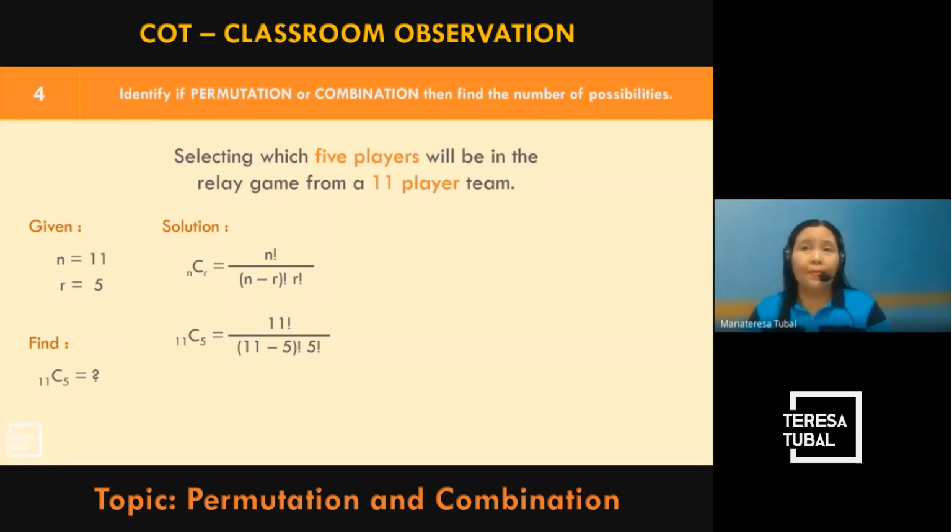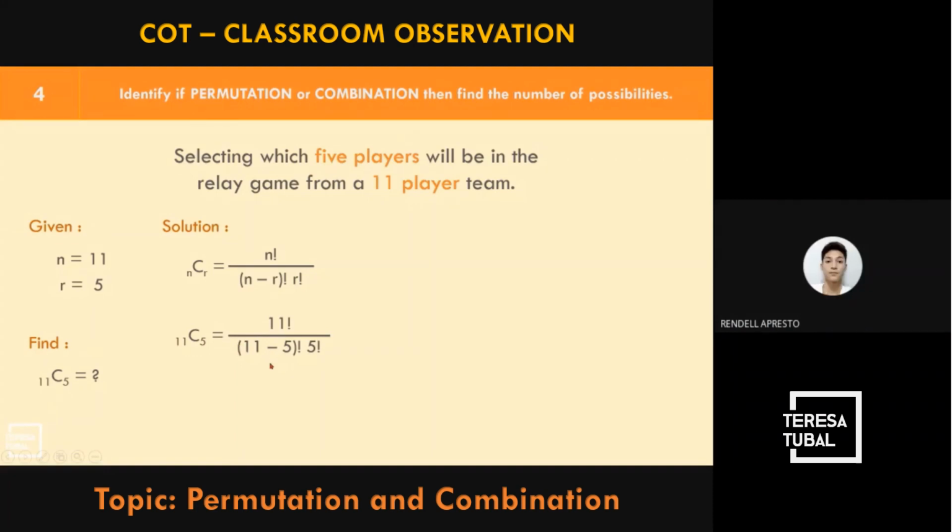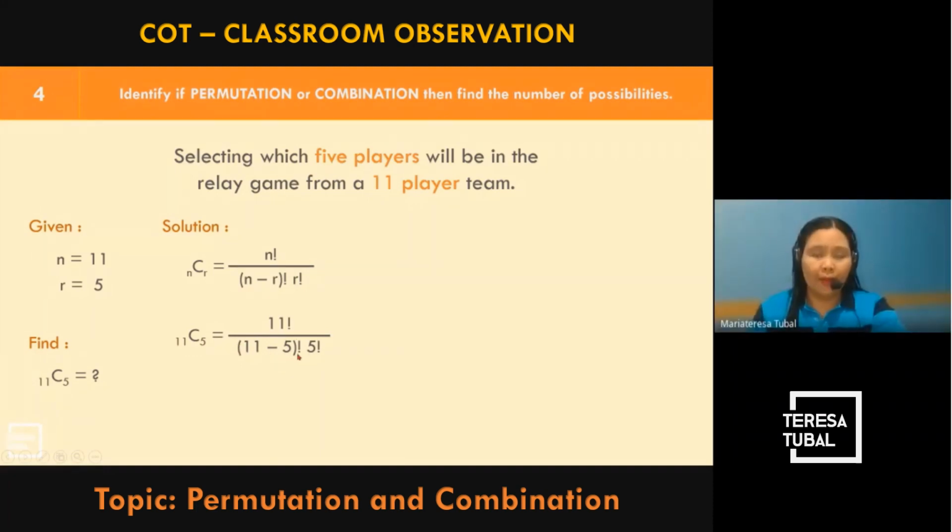Yes, Apresto? 11 over 6 factorial, 5 factorial. Okay, correct. So 11 minus 5, that is equal to 6 factorial. And then the rest, copy 11 factorial, copy 5 factorial. So let us proceed.